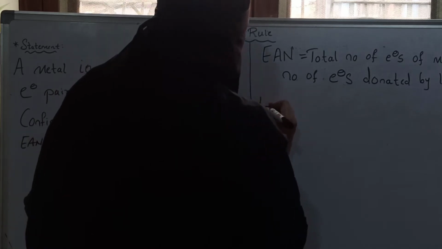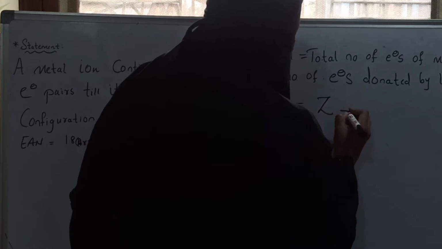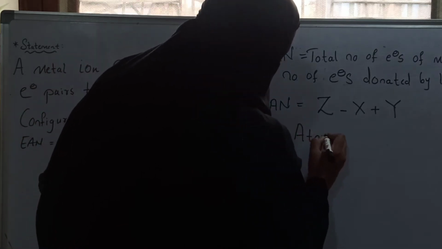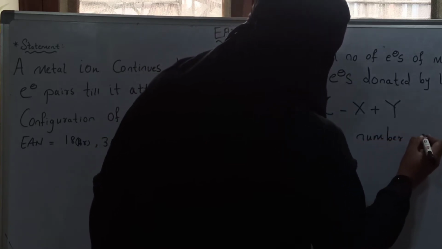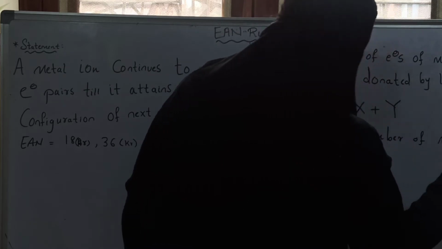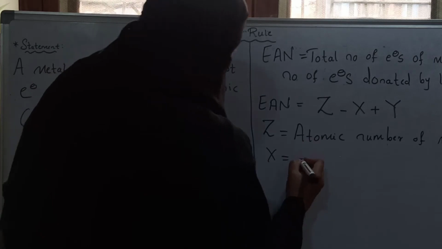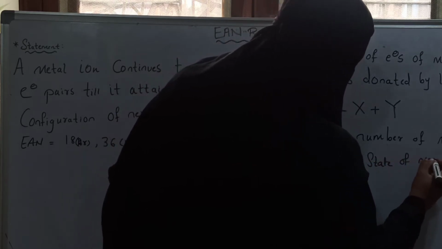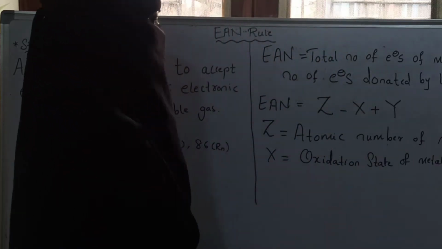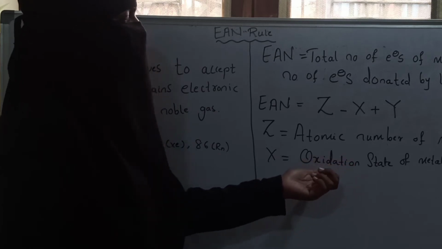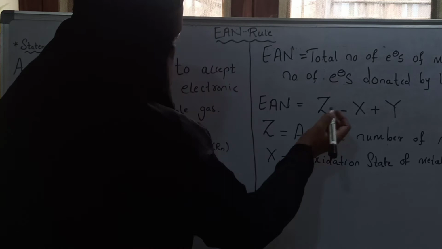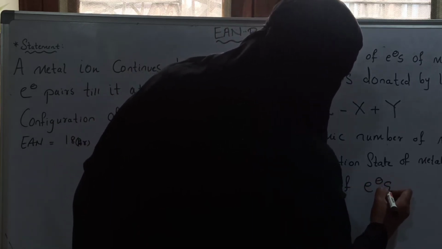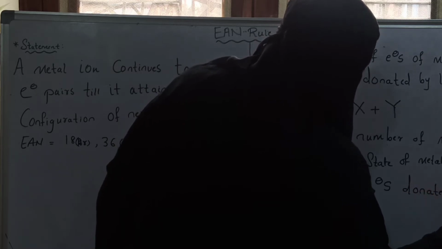It is also given by the formula EAN is equal to Z minus X plus Y, where Z is the atomic number of the metal atom or metal ion, X is the oxidation state of the metal ion, or electrons donated by the metal atom to convert into the metal ion, and Y is the number of electrons donated by the ligands.